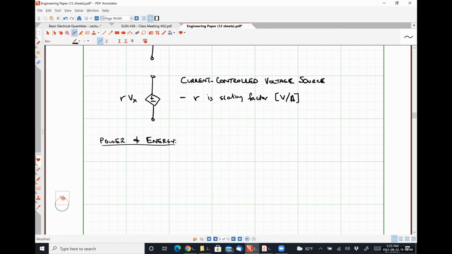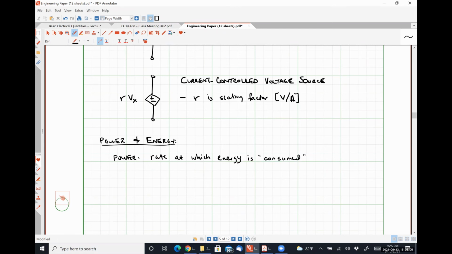So power is the rate at which energy is, I'm going to put in quotation marks, consumed.